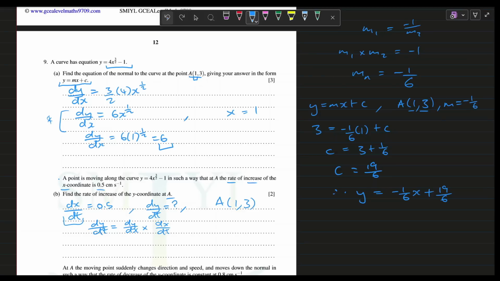In fact, we've already found dy/dx at x is 1 to be 6. So dy/dt is equal to 6 multiplied by 0.5. And so this gives us that dy/dt is equal to, that's half of 6, so 3 centimeters per second. That's the rate of increase of y at A.